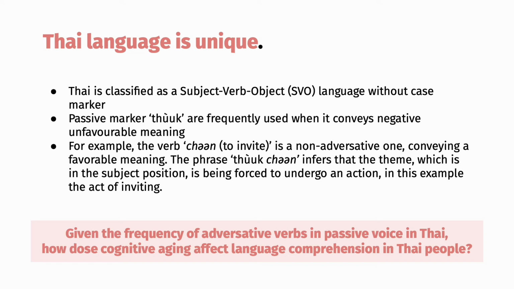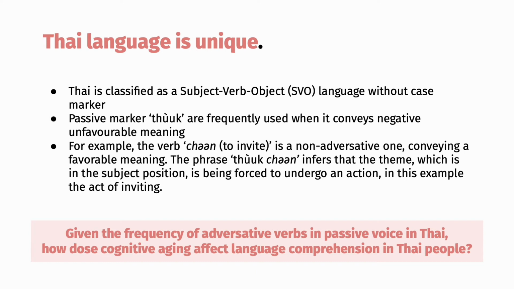It is an isolated and non-inflectional language with no formal morphological inflections for grammatical categories, such as number, case, tense, aspect, and mood. To be more specific, there is no case marker for subjects or objects.